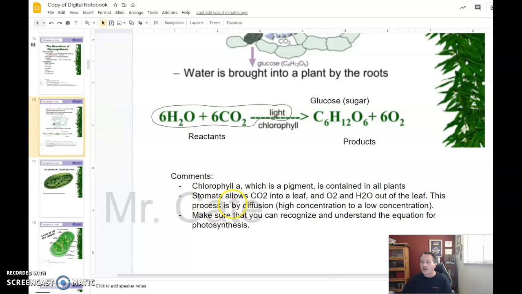The stomata, we'll go over that some more. That's the pore on the underside of a leaf, or on the top side of a leaf if it's aquatic. But make sure that you understand what's going on in this reaction, this formula here. Okay, moving on to the next comment.